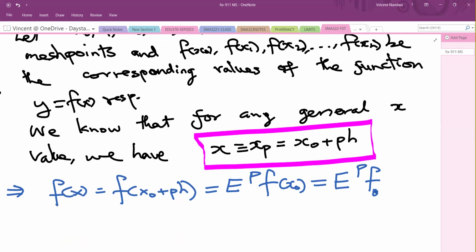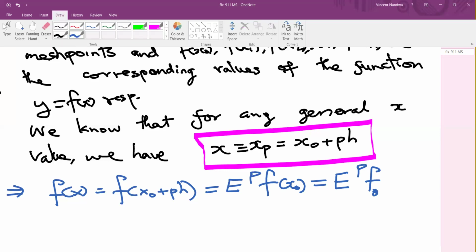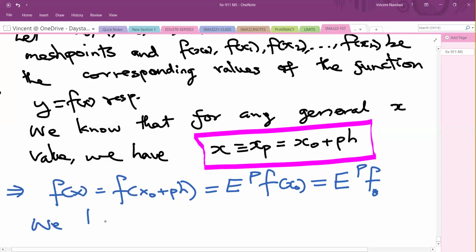Because our discussion is with respect to the backward difference, we will express the shift operator in terms of the backward. So how do you express the shift in terms of backward?